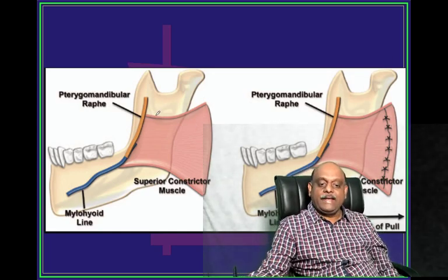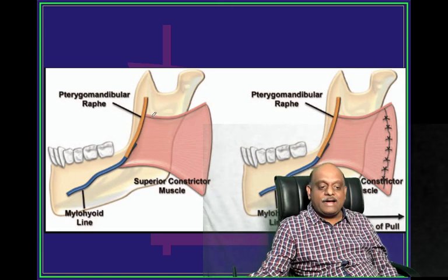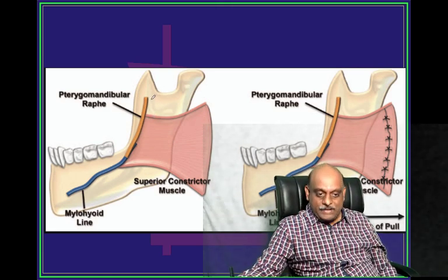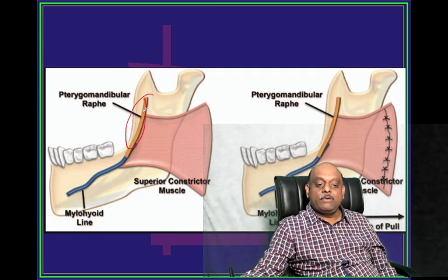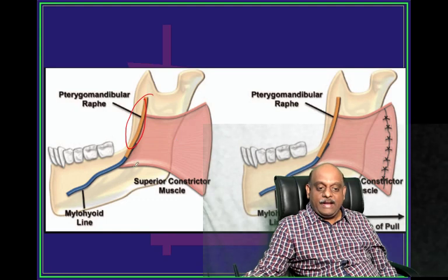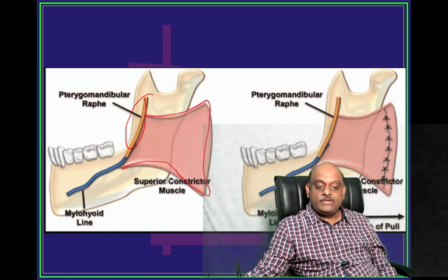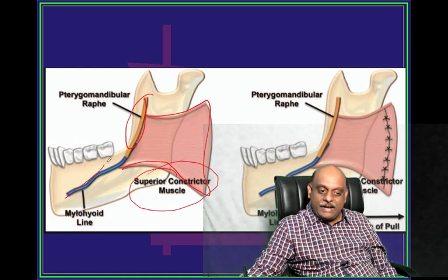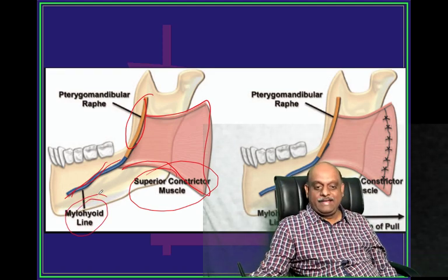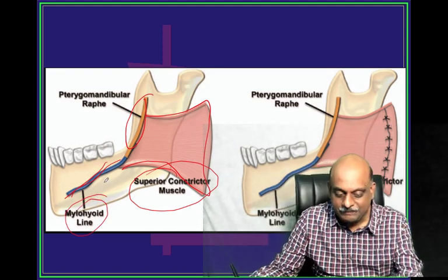So, अच्छा भाई, एक pterygomandibular raphe कहाँ रहता है, इसका importance क्या है, इसके बारे में बात करेंगे. देखिए जनाब, ये है the pterygomandibular raphe, and this is how posteriorly fanning is your superior constrictor muscle, and on the mandible you have what is called mylohyoid line is what you need to remember.